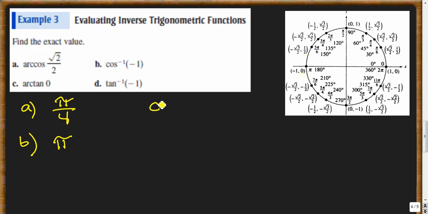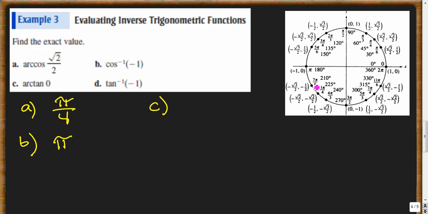C asks us the arctangent of 0. Remember, we're answering between these points. We can't be negative pi over 2 or pi over 2, but we're answering in the middle. So where would the tangent be 0? What I tried to describe to you guys earlier is that the tangent represents a slope of a line. So you have these different lines that connect these dots across the board.